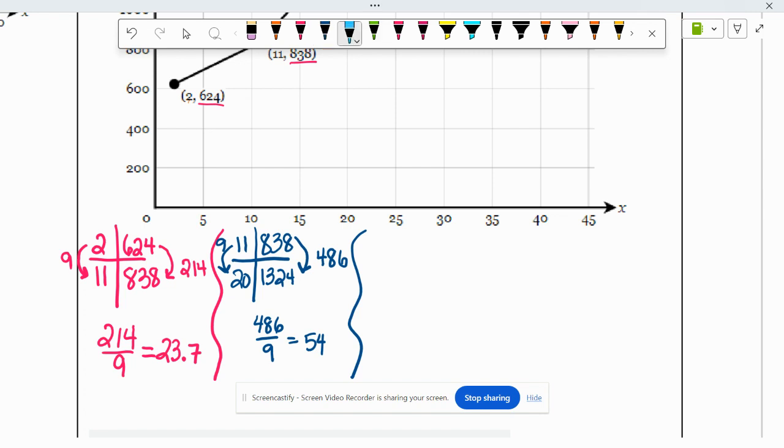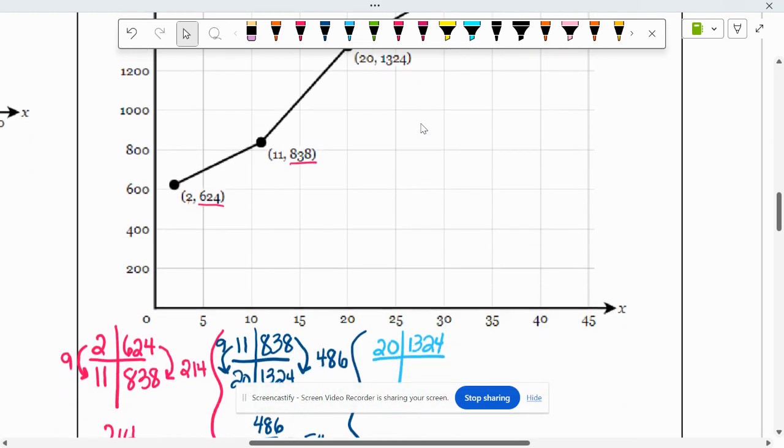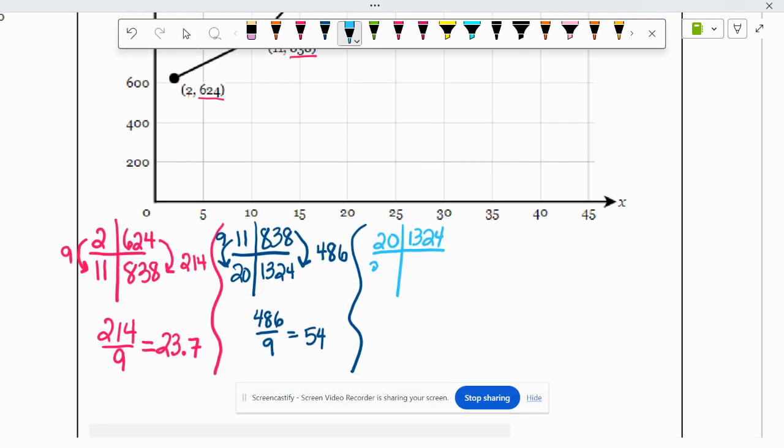Okay. Now I'm going to start with the interval 20, which I know has an output of 1,324. And then the next segment goes to 31. When x is 31, y is 1,631. Kareem, is the y value getting bigger or smaller? Bigger. By how much? Take the number on the bottom and subtract the number on the top from it.